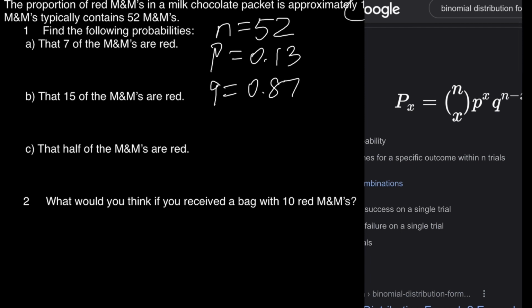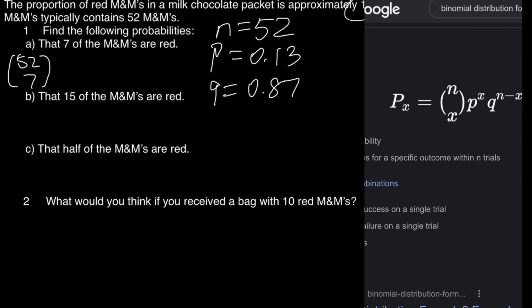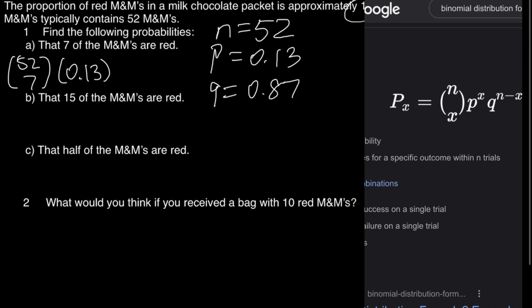So we can write down the formula for our first problem, that 7 of the M&Ms are red. The formula would be 52 choose 7, where 7 is the X here, the number of successes, multiplied by 0.13, the chance of success, to the power of 7, multiplied by 0.87, which is just 1 minus P, raised to the power of 52 minus 7.